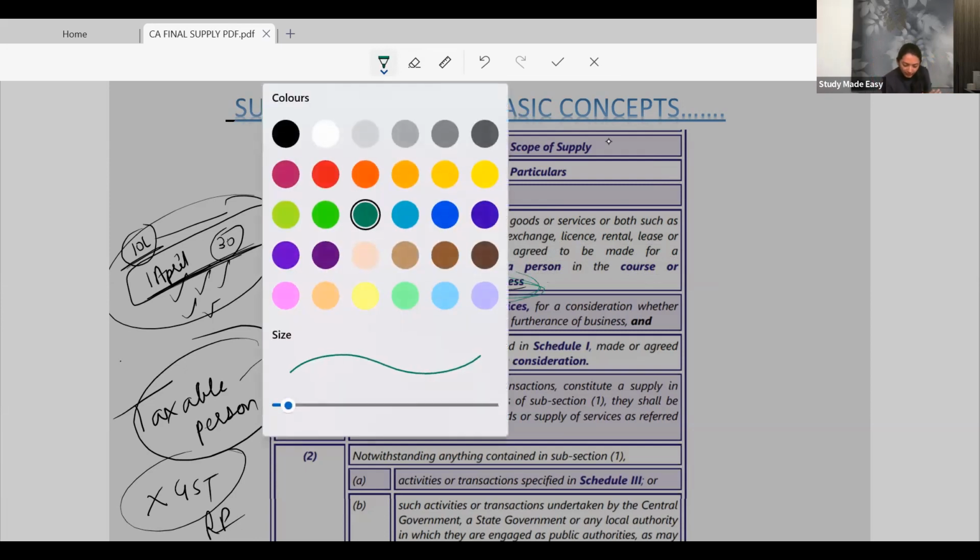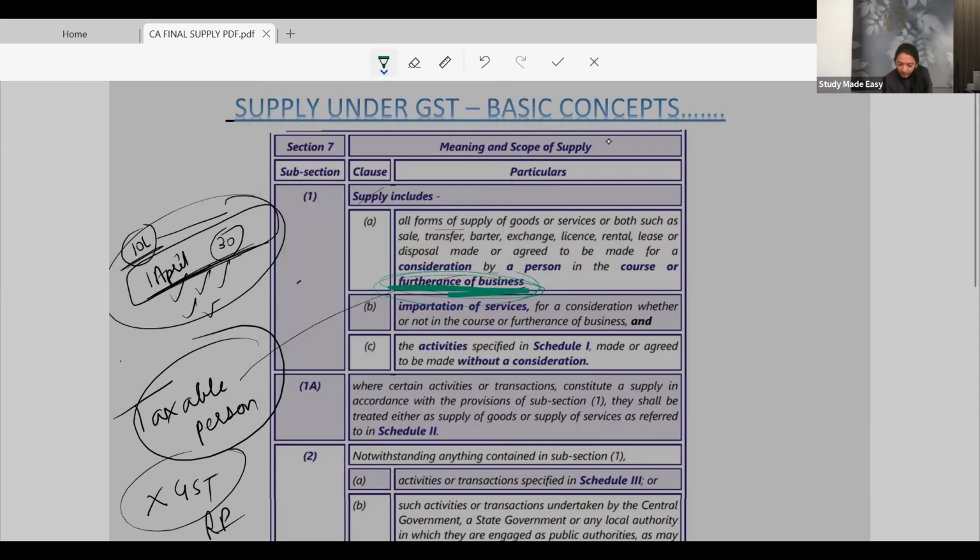So in general, in business, if you give either goods or service, mine is service, and if I am giving it for consideration, general business also has this thing, right? It's general business. For consideration you will give either goods or service. You have a business and you should be a taxable person if you want to pay GST.